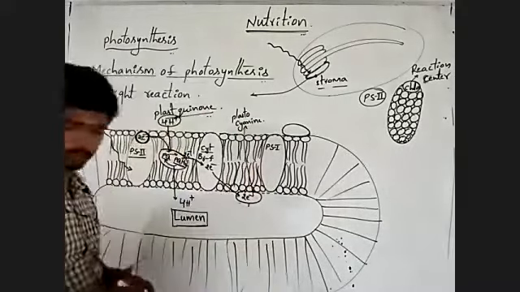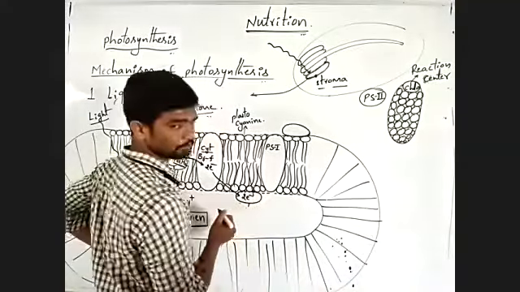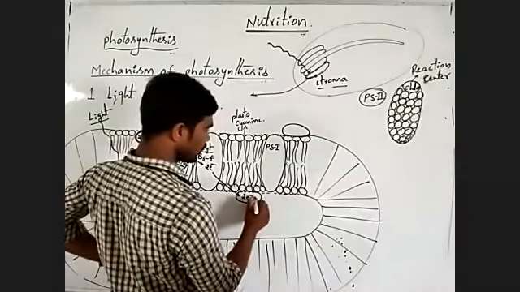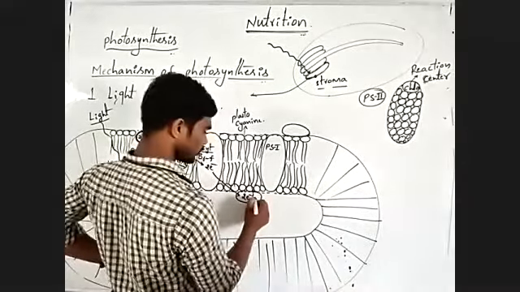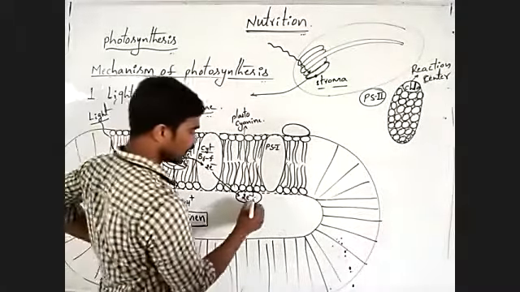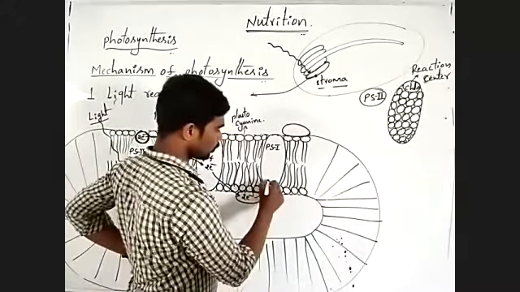From plastocyanin, these two electrons are sent to photosystem 1.